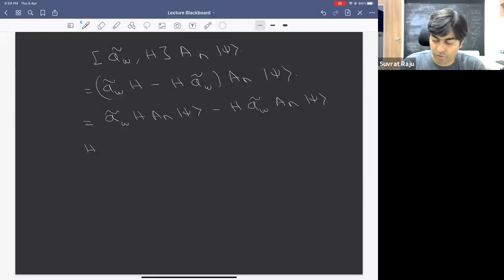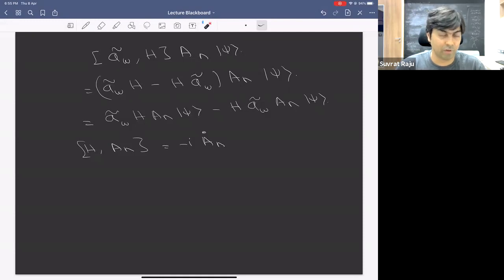So we just use the fact that h a n is given by minus i a n dot, where a n dot is another simple operator that is the time derivative of a n. If we use the description of simple operators that we had yesterday, where we were taking the simple operators to just be polynomials in the modes of the generalized free fields, then the commutator of the Hamiltonian with one of those modes is another one of those modes.